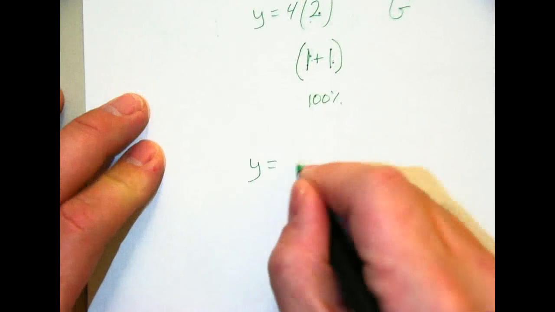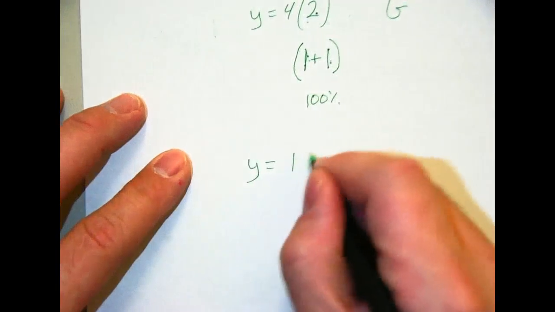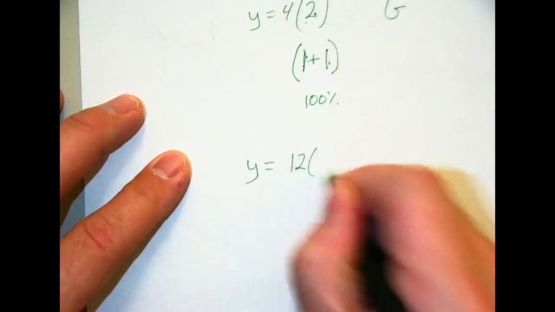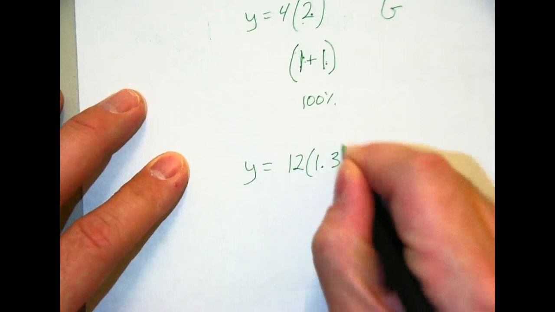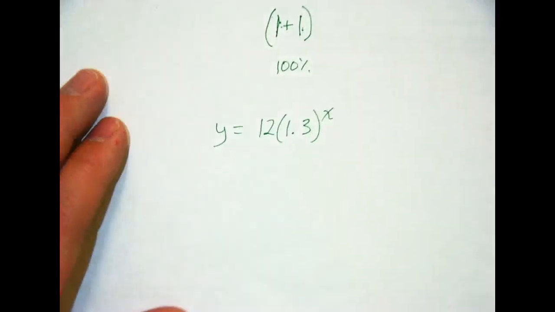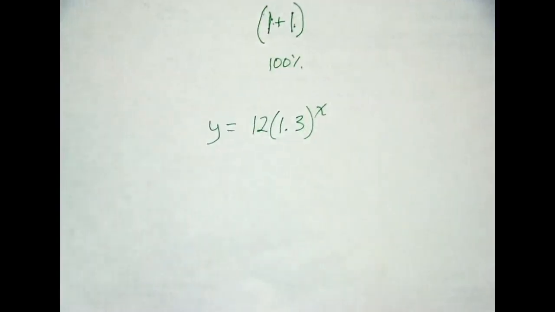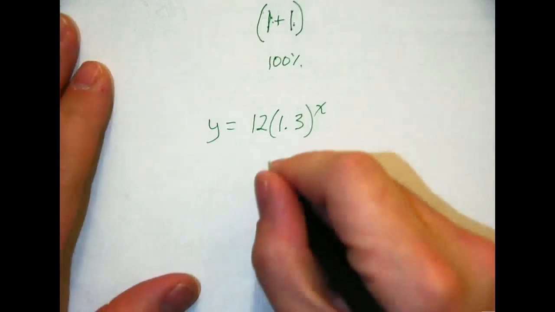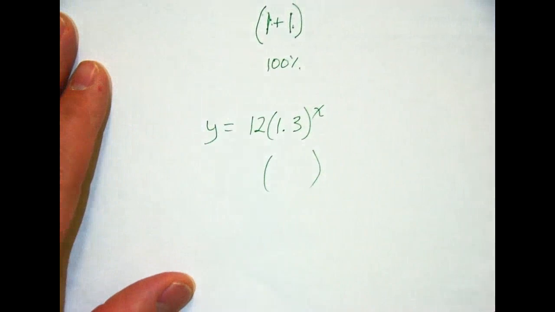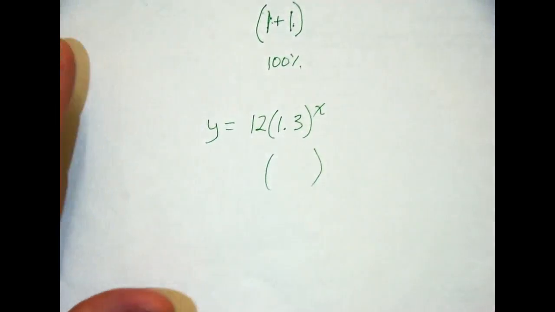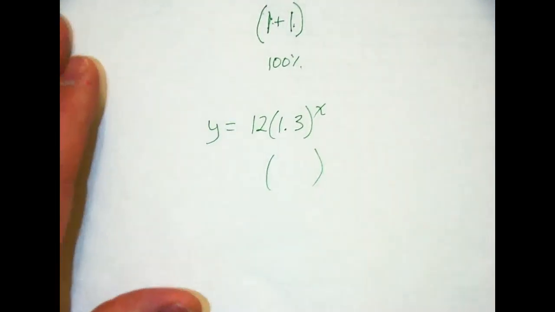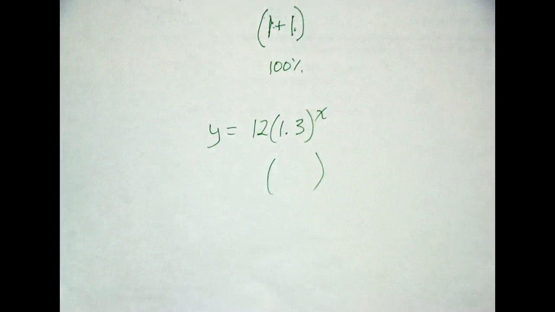If I have y equals, let's say, 12 times 1.3 to the x. Tell your neighbor what the rate of change is. Okay, so we should be breaking this up. Someone that hasn't participated yet today, what does that break up to get 1.3?